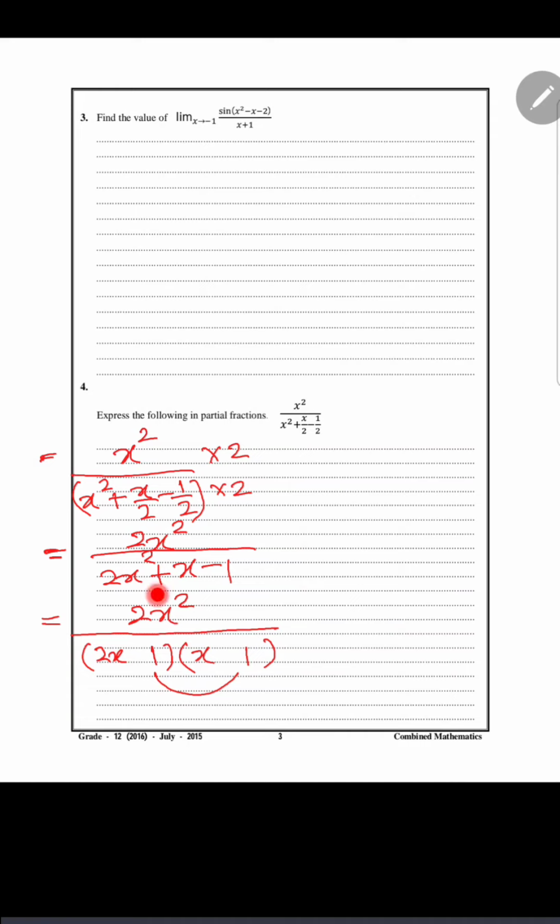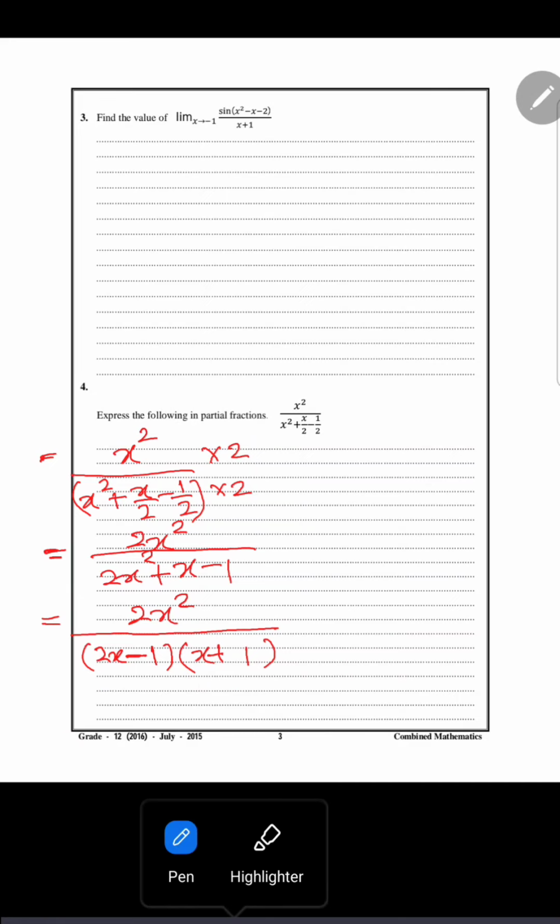The middle term is positive, so the larger value should be positive and the smaller value should be minus. Then only we get minus 1x plus 2x, and the answer becomes plus 1x. So these are the factors.